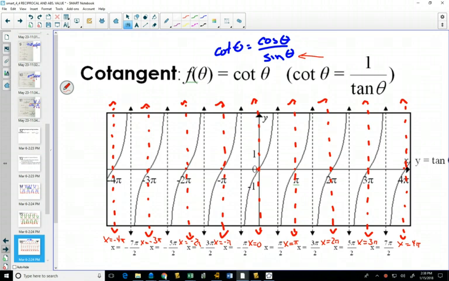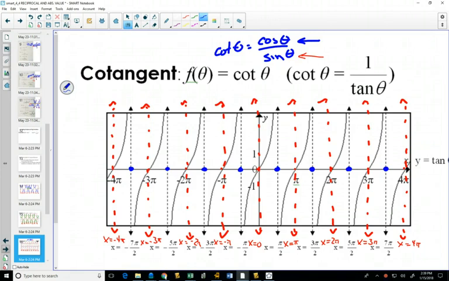On the cotangent graph, we think more like cos over sine, and instead of having an asymptote at y equals 0, we actually have all of these points where tan had asymptotes, because all of these points are where cos is equal to 0. They're non-permissible values in tangent, but they become x-intercepts for the graph of cotangent.